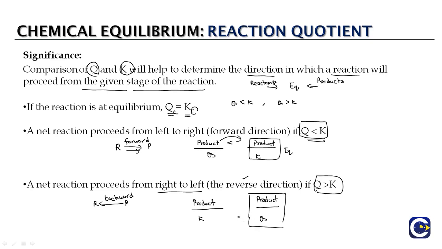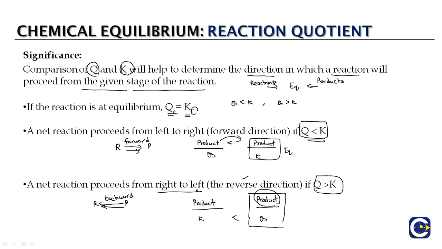When Q is more than K, it means the product is in a higher proportion than it should be at equilibrium. Some more product has to be consumed, so that the proportion of product will decrease, and this is only possible when the reaction proceeds in the backward direction, because then some amount of product is consumed and reactant is formed.